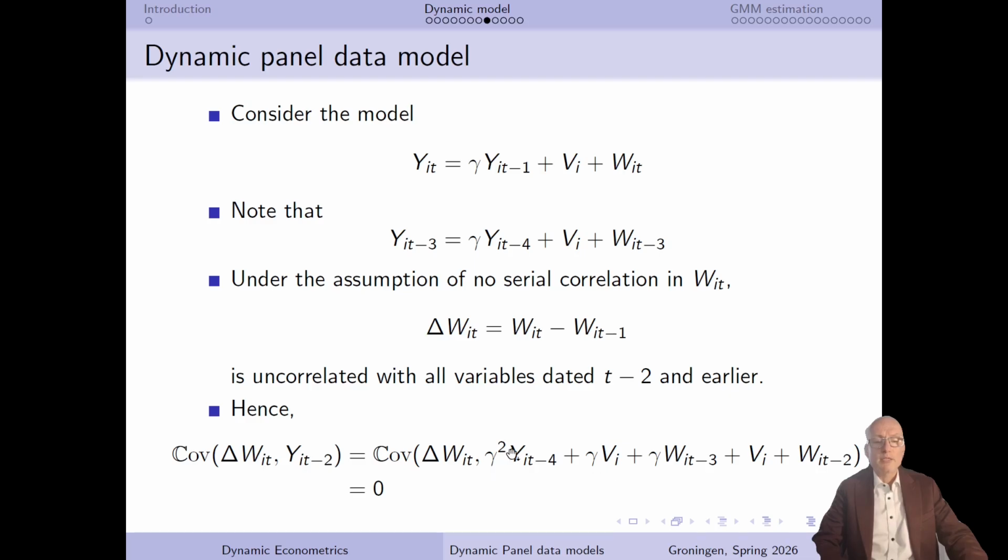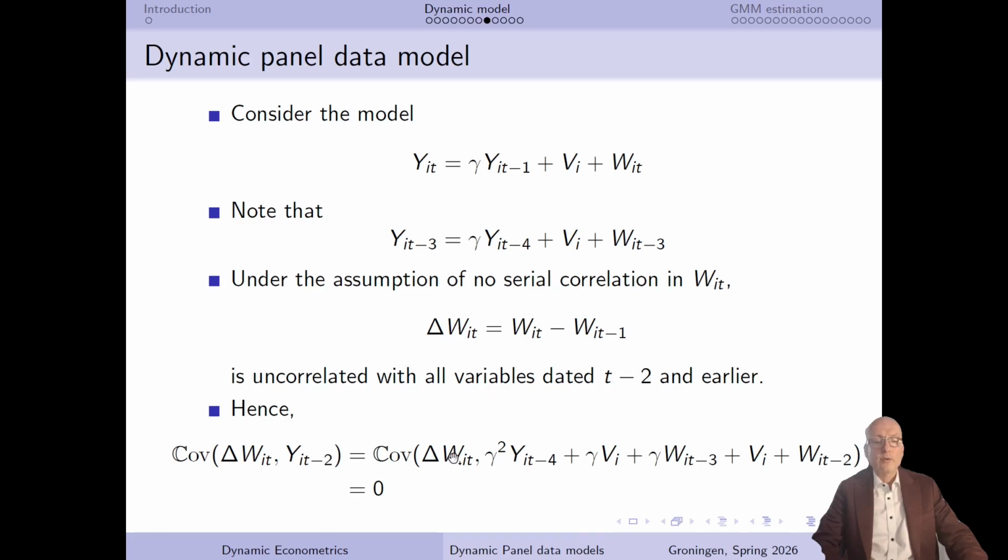I now get gamma squared y_{i,t-4} + gamma v_i + gamma w_{i,t-3} + v_i + w_{i,t-2}. We should realize that w_{i,t-3} is one of the new terms, and delta w_{it} is uncorrelated to any w_{is} with s being t-2 or earlier.